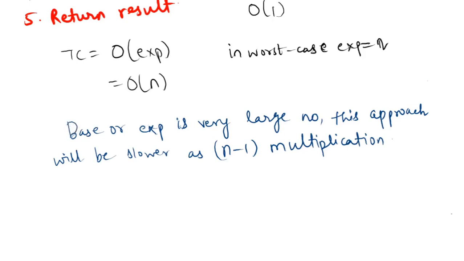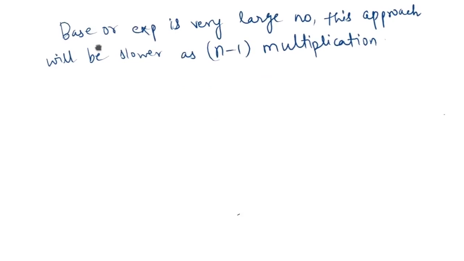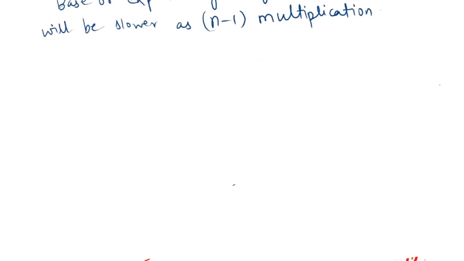Is there any better way to solve this? Yes. That can be done by exploiting the property of a raised to m raised to n, where a to the power 2b, or a power b square.